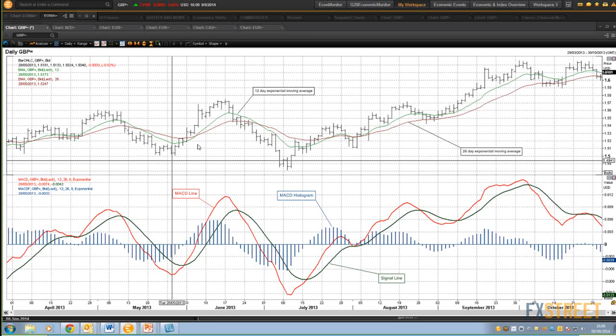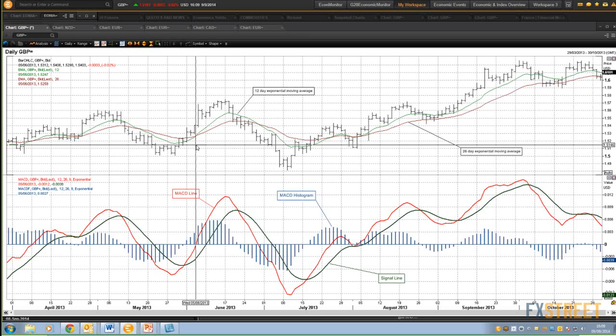As I said earlier, the point at which the MACD lines come together and crossover is the neutral line, or the zero line, and as you move from negative to positive, that is the shorter moving average moving above the longer.